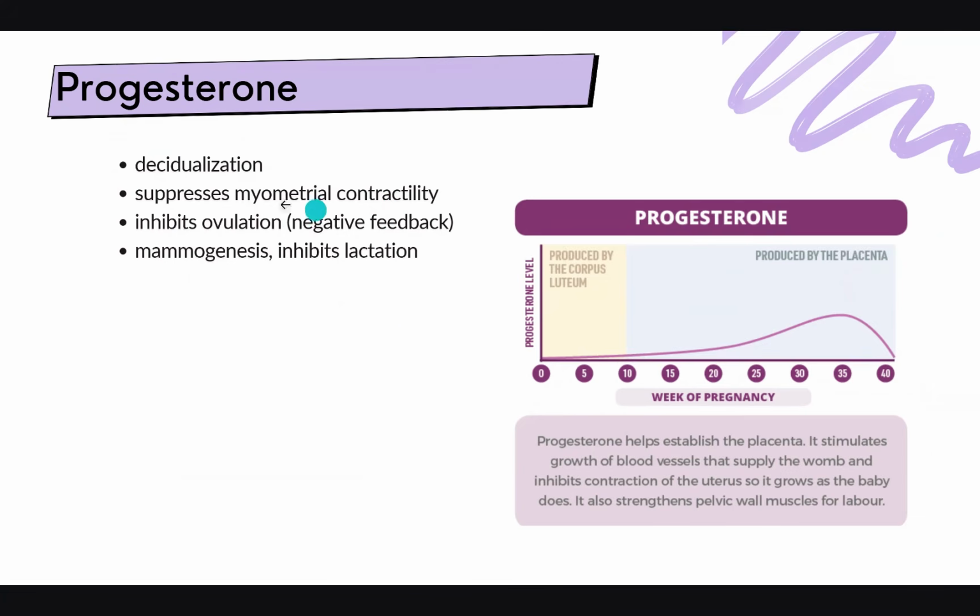It inhibits ovulation, again, by the same negative feedback, and also participates in mammogenesis and inhibits lactation. Very important is that it inhibits lactation. So when progesterone is high, it makes the breast grow and the glands grow. However, there is no production of milk, and this happens for the entirety of pregnancy. You don't want milk to be produced during pregnancy. You want it to happen after pregnancy, and progesterone levels decrease after pregnancy, which allows lactation to happen.